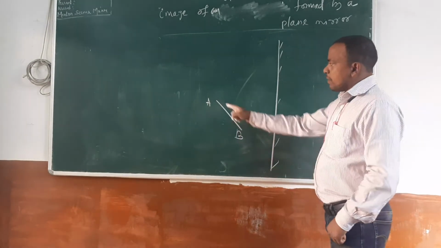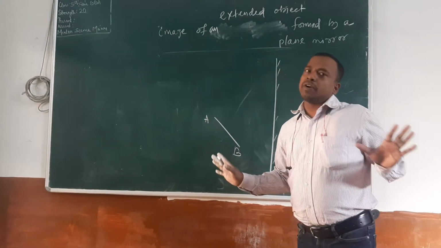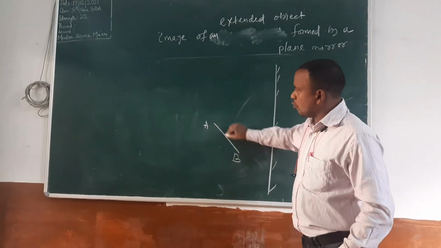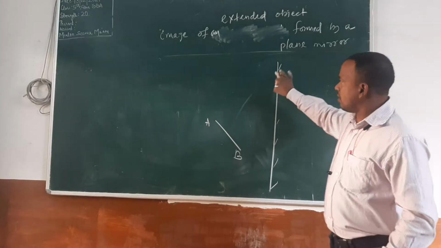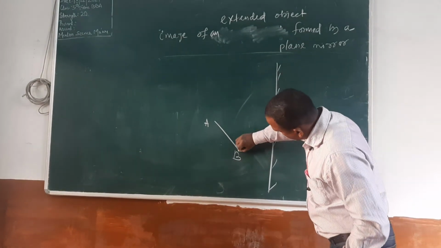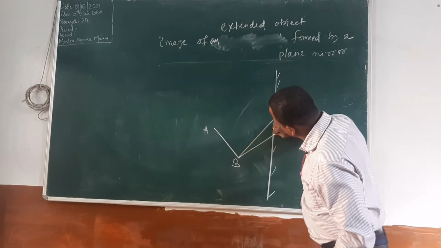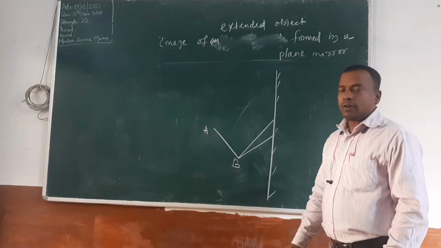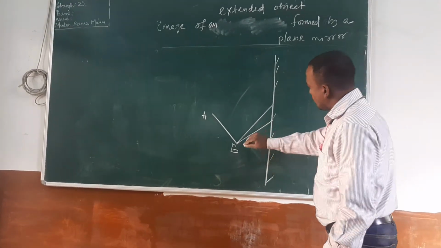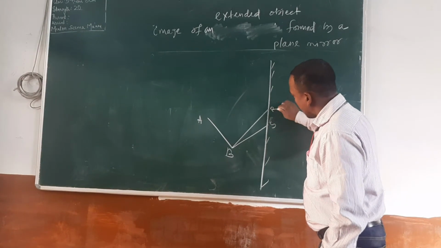So, rays from different points of AB travel in all directions. We have to consider at least 2 points from B and 2 points from A striking the reflecting surface.